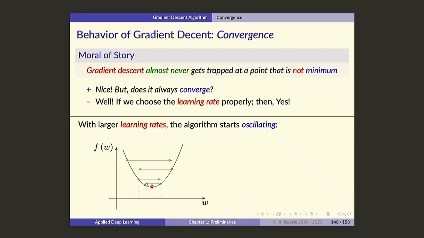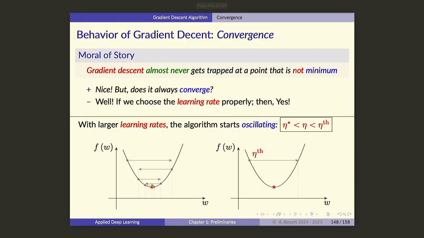But still, I am below some maximum possible value. This is what I'm going to call eta threshold. So eta threshold on this simple curve is essentially the step size which is going to take me exactly to the other point. If I get exactly here, then the gradient is going to move me back here, back and forth. I keep on oscillating between these 2 points in this very simple curve.